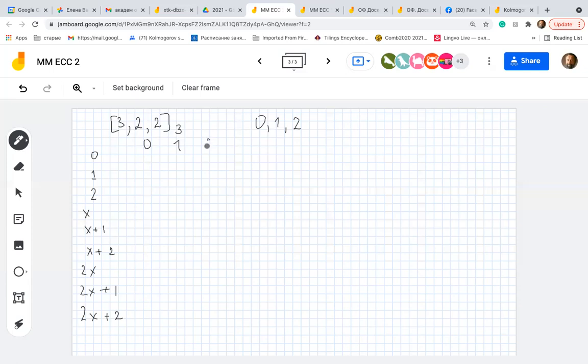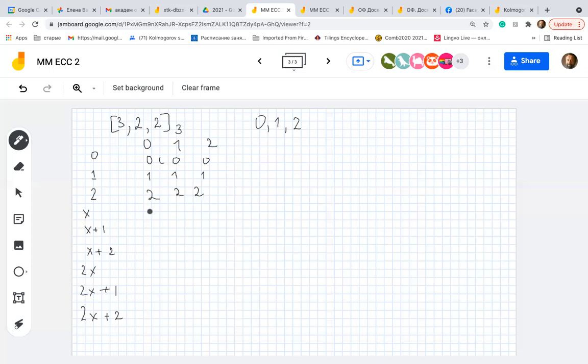So we need to compute the values of these polynomials in these 3 points. The constants produce the code words consisting of the same letters: 0, 0, 0, 1, 1, 1, and 2, 2, 2.